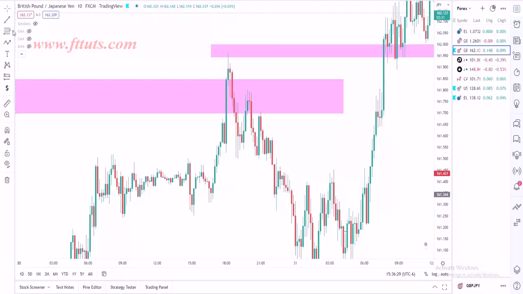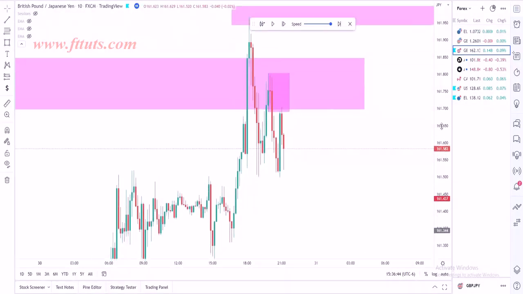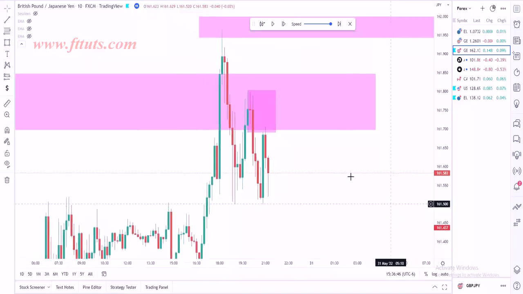Okay, so we got one right here. Let's see. Okay, so we can see, to keep it very, very simple, buy before a sell-off, a nice sell move away.